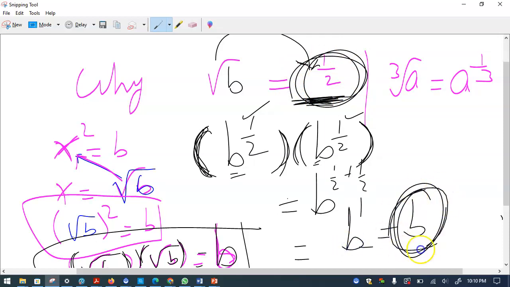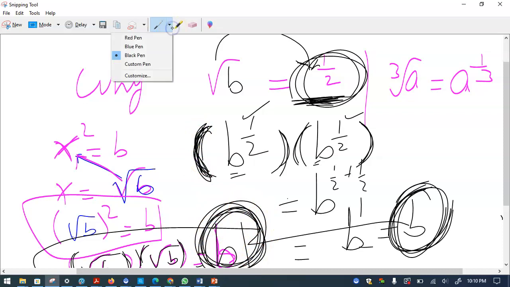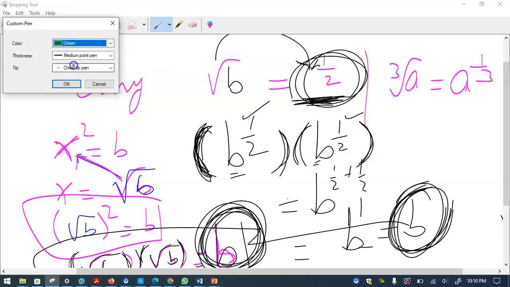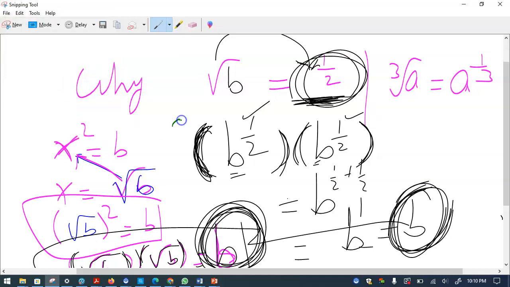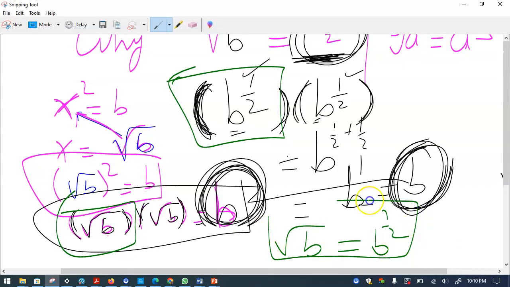And this b is the same b right here. That means this part is the same as this. It means the square root of b is b raised to half. That's all it means. I hope I'm making sense. So that's why this is always true.